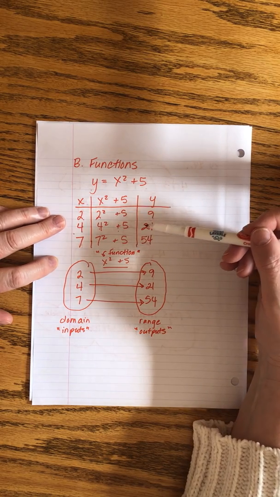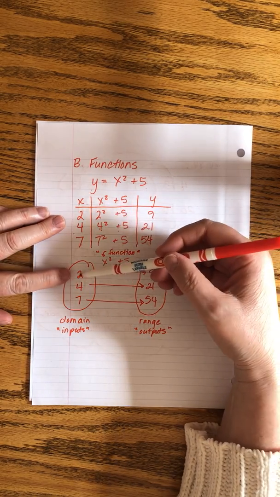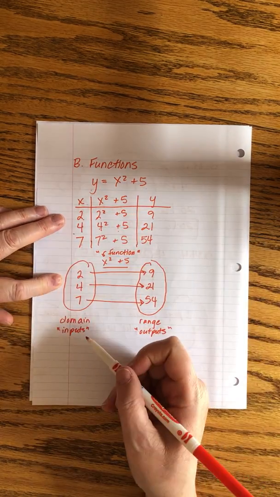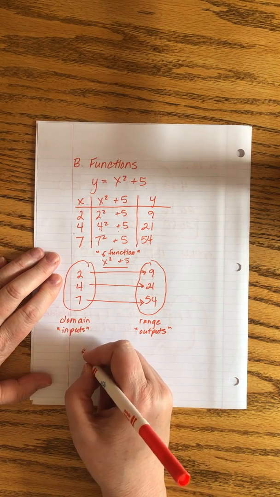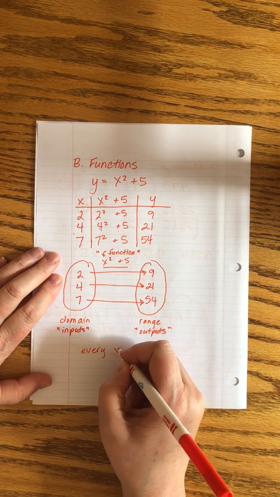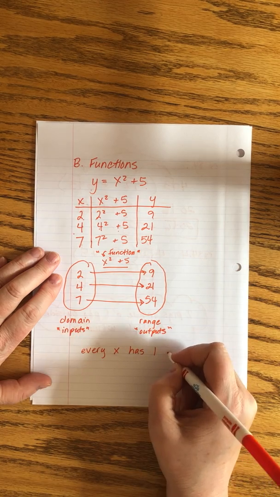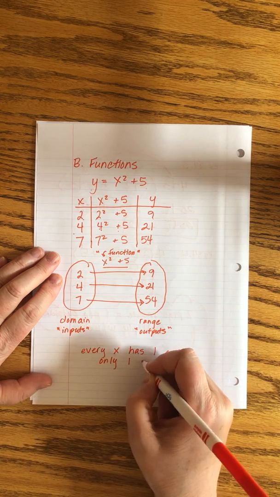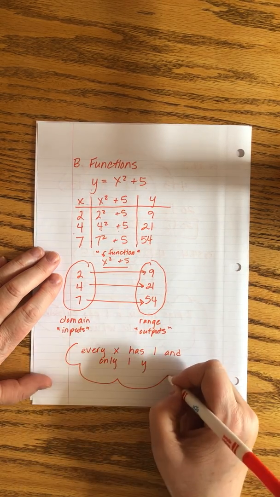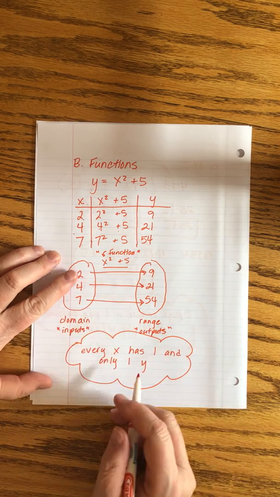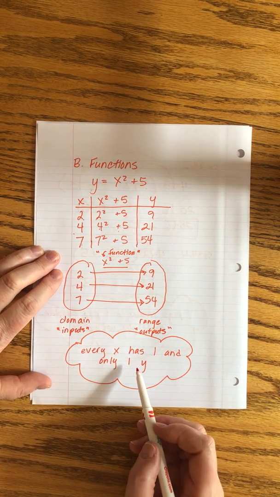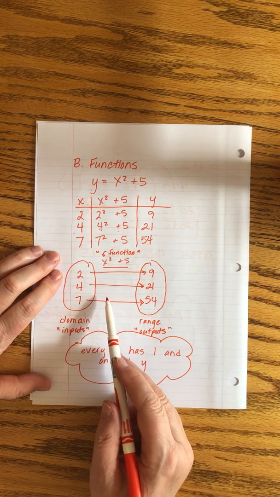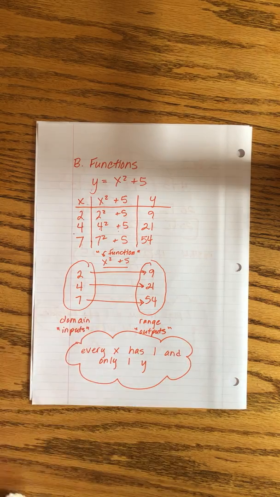So, a function is a mapping of inputs and outputs in which every x, every number in our domain, has one and only one y value attached to it. See how ours worked here? That's perfect. That's an indication of a proper function.